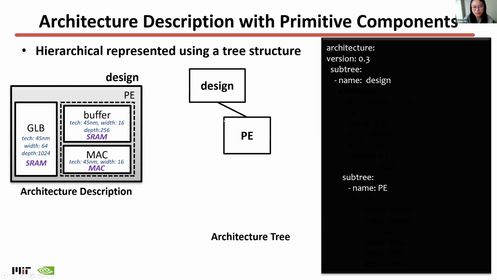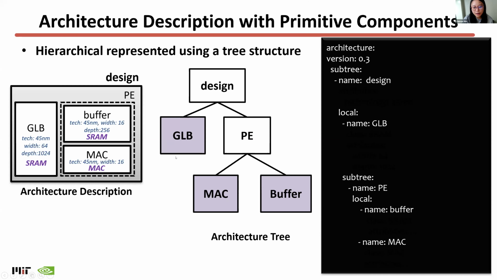And we have another level in the architecture, which is the PE. So you can see here in the YAML file, we use the subtree keyword to represent such hierarchical relationship, which is basically saying that in this architecture, we have 2 important levels. One is the design, the other is the PE inside the design.